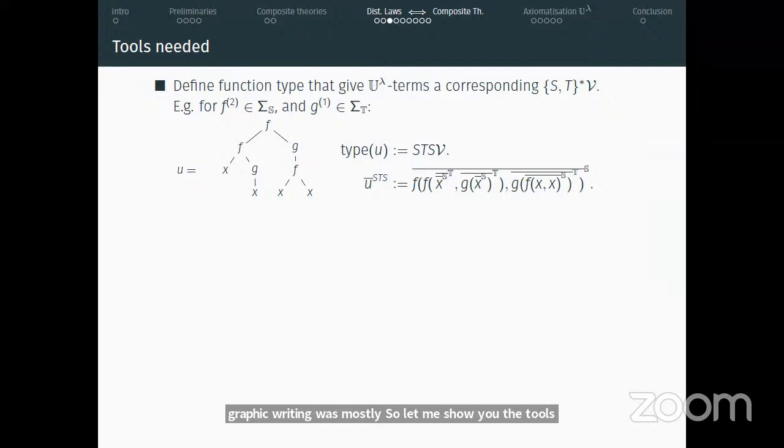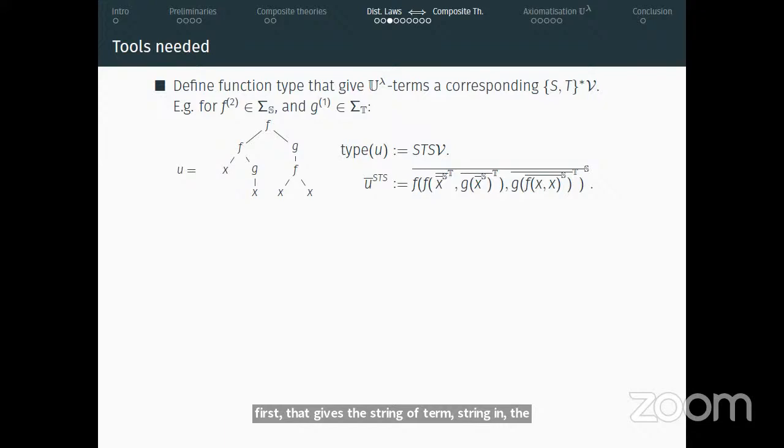First of all, given a term in the lambda theory, we define a first function, which we call type, that gives a string made of letters S and T that tells you how nested the operations are.